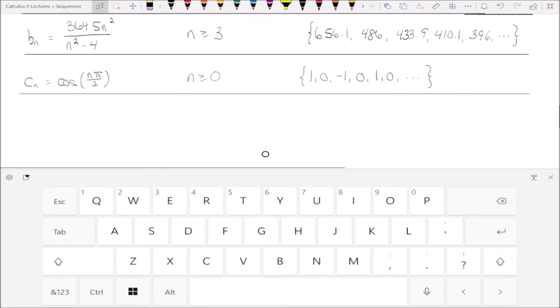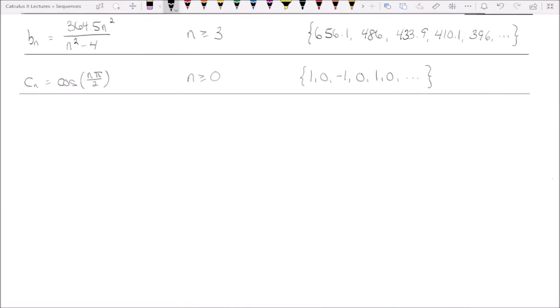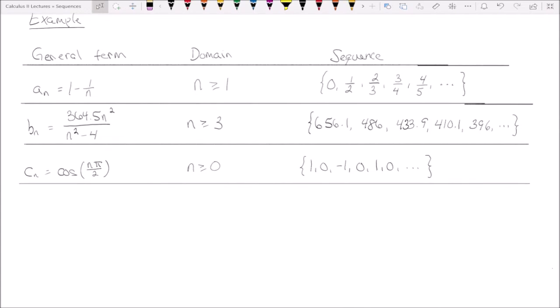And finally, we can look at the sequence that has general term d sub n equals (-1)^n times n. The domain has n greater than or equal to 0. The sequence is 0, -1, 2, -3, 4, so on and so forth.